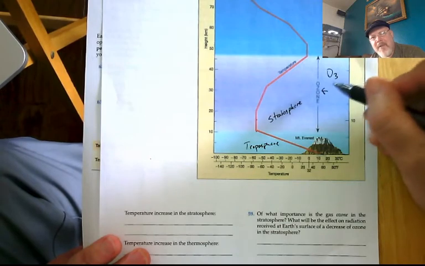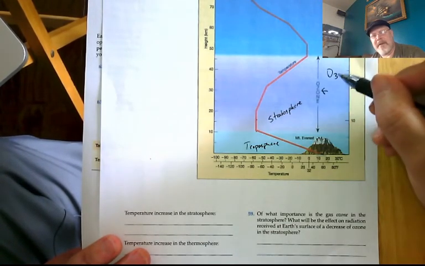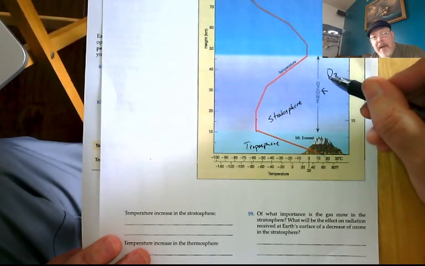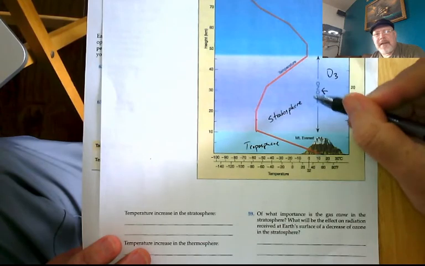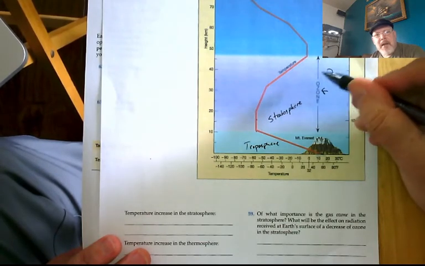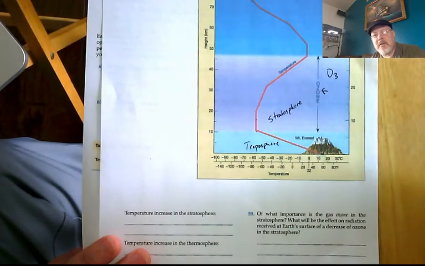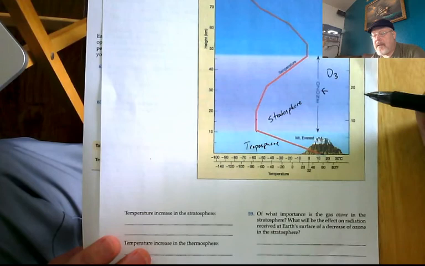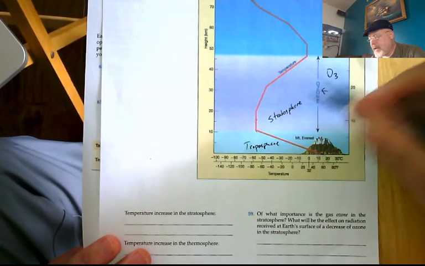If we don't have ozone up here, and we had a problem a few years back of the ozone layer disappearing, it has come back. It's definitely on the rebound. So that's good news because without ozone, we're subject to this dangerous type of radiation, ultraviolet radiation, and that could kill a lot of life on Earth. So that's what the ozone's doing, and that's why the temperature is going up.